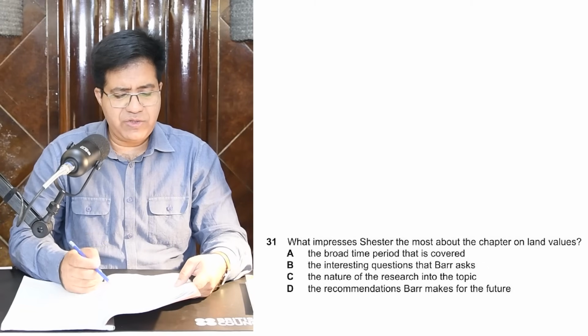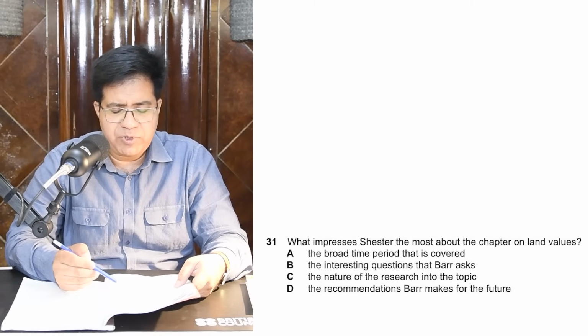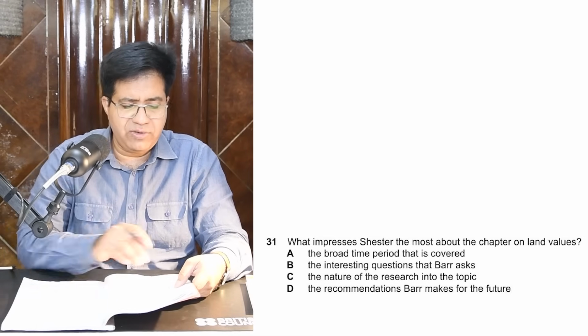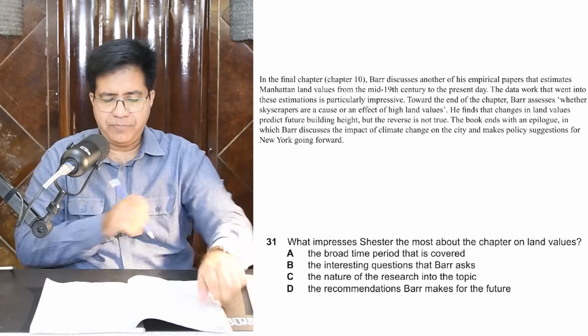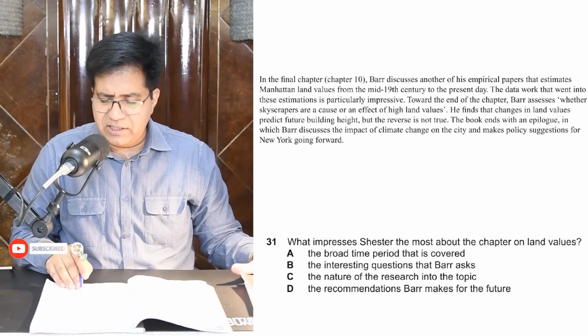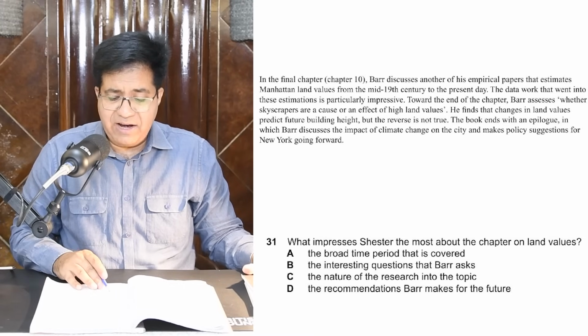Okay, one last question, 31. What impresses Chester the most about the chapter on land values? Now, chapter on land values and what impresses? Last paragraph. Okay. In the final chapter, chapter 10, Barr discusses another of his empirical papers that estimates Manhattan land values.